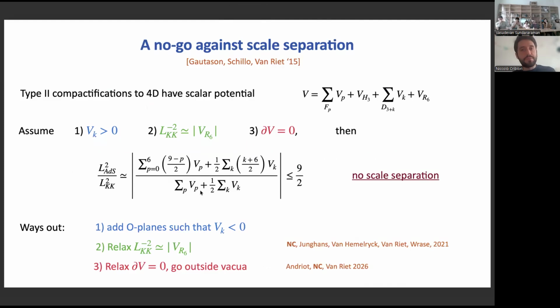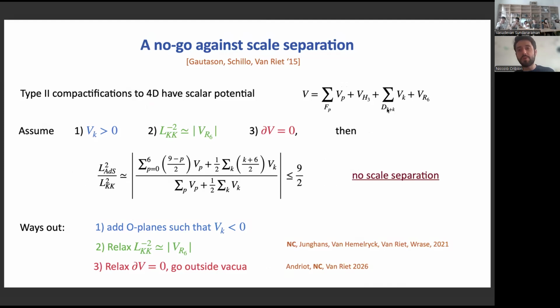Okay, so first of all, why is it hard to achieve scale separation? Again, let me give you another hint that scale separation is a hard problem from a string theory point of view. Now let's consider compactification of type II string theory to 4 dimensions. It will generate a scalar potential which depends on the various ingredients.